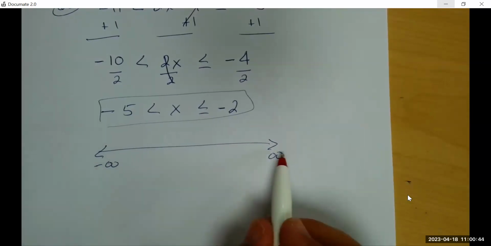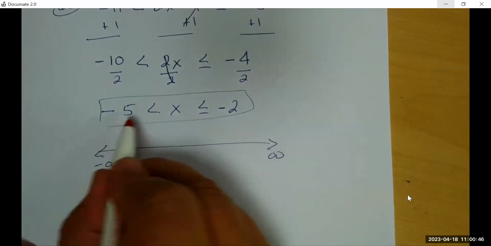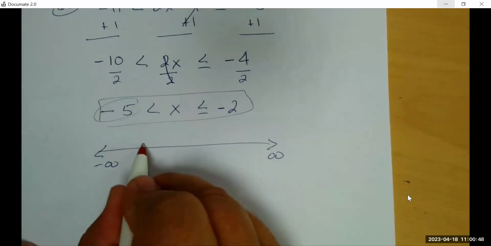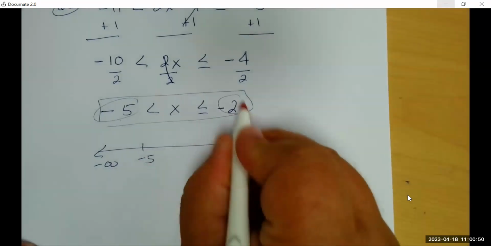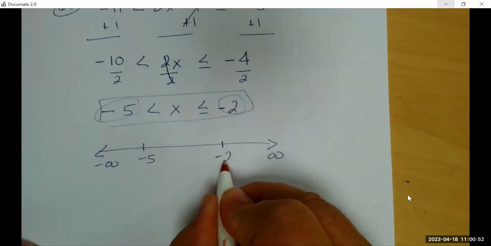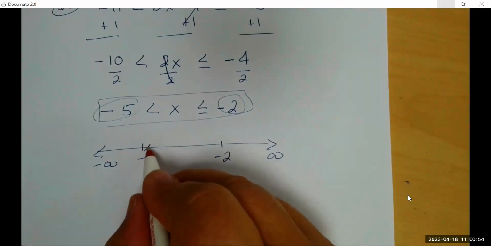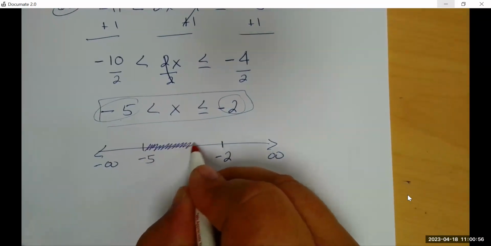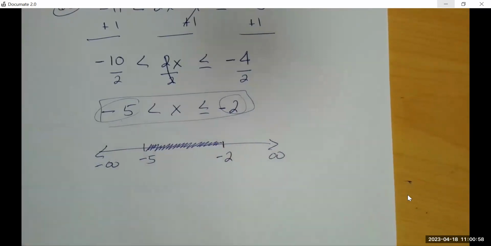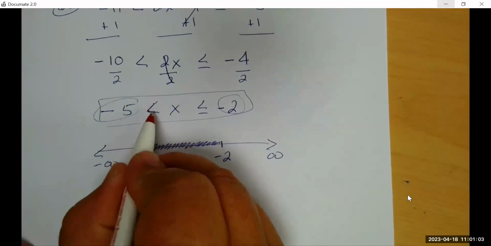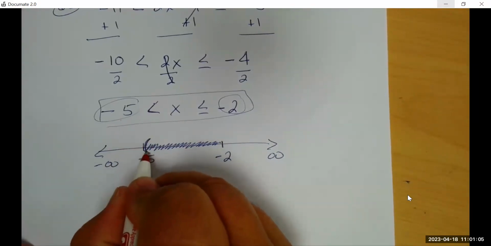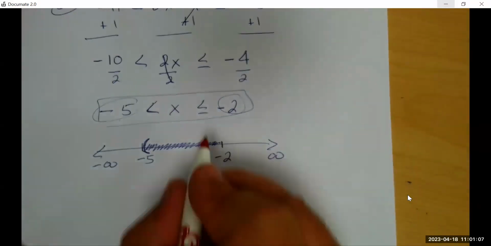When endpoints of our graph are negative infinity, positive infinity, we have two numbers here, negative 5 and negative 2. x is between there. Since you cannot use negative 5, there's no equal sign, you put a parenthesis.